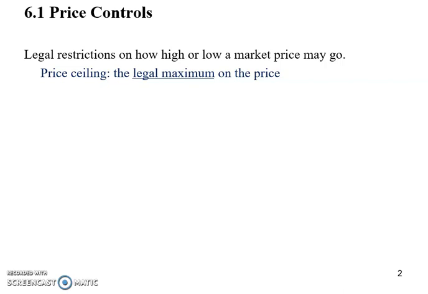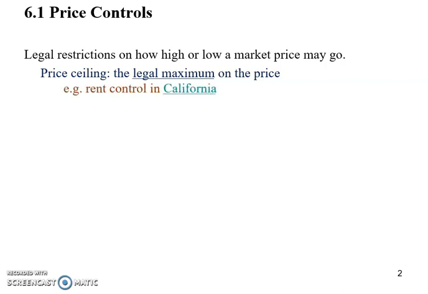It works just like the physical ceiling of our house or classroom. We would always stay below it, right? So on a market with the price ceiling, nobody is allowed to go above it. That's why it's called legal maximum on the price.